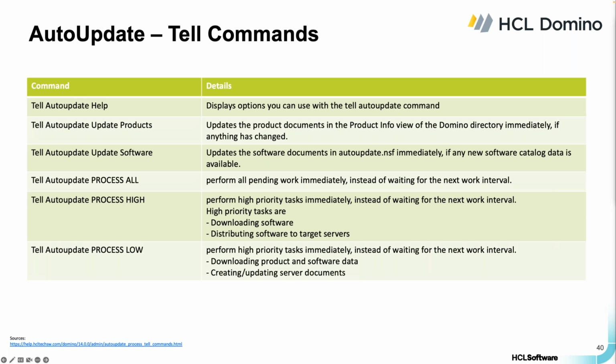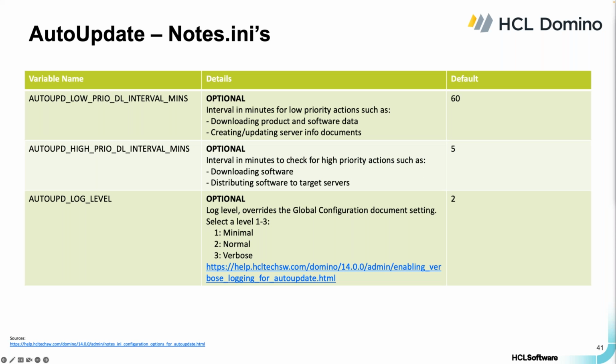Yeah, but this is a deep dive session, so we wanted to equip you with the information you may need in the future. There also are a few notes.ini settings that exist for auto update, but in the same way, I think people do not need to modify them in any way. These just define the defaults for the intervals at which the auto update task is checking its work queues.